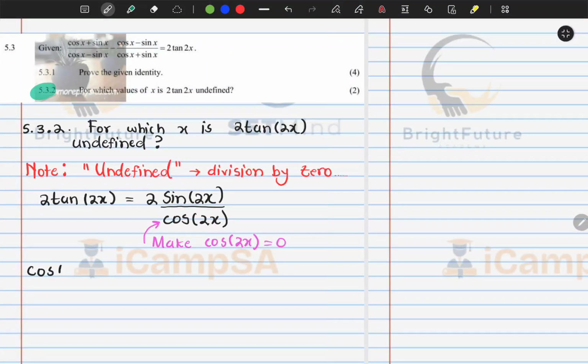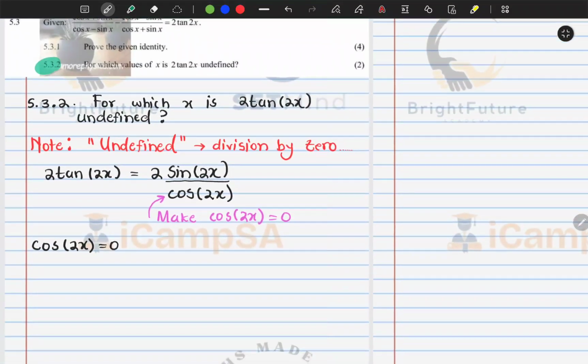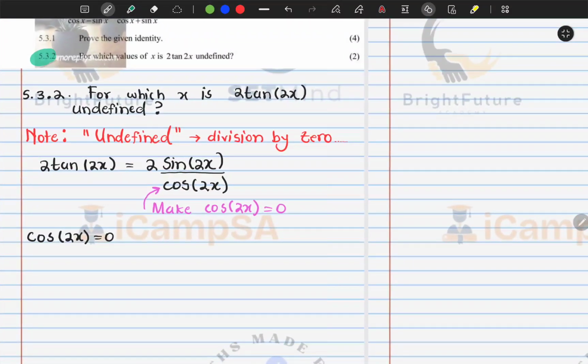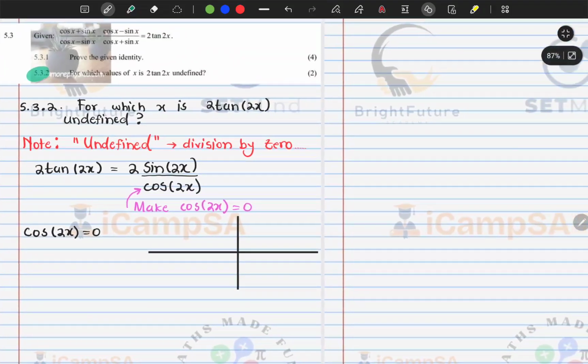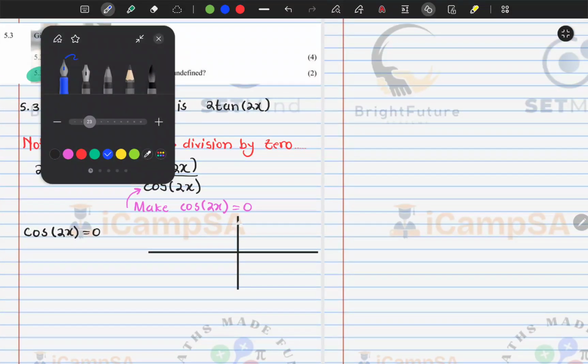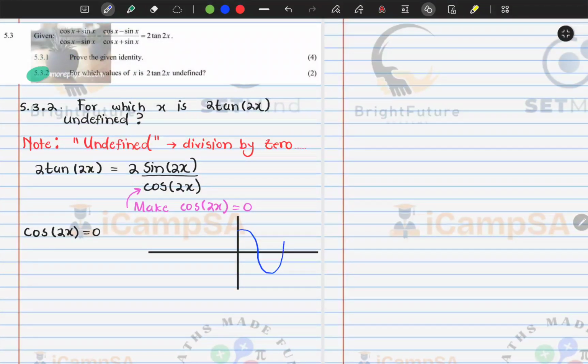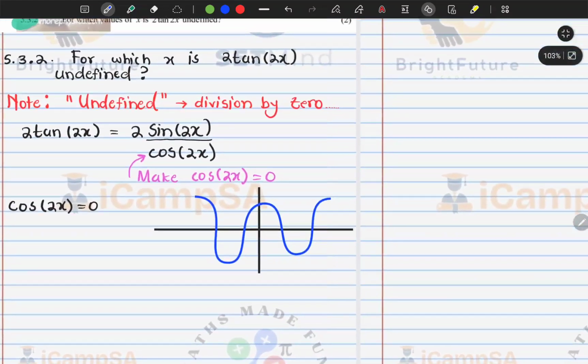So let's have a look at cos of 2x equals 0. I'm going to quickly sketch a graph for cos, just to be up to speed with what is happening. If you do remember, cos is a graph that looks something like this. Then going to the left, it is something like that.